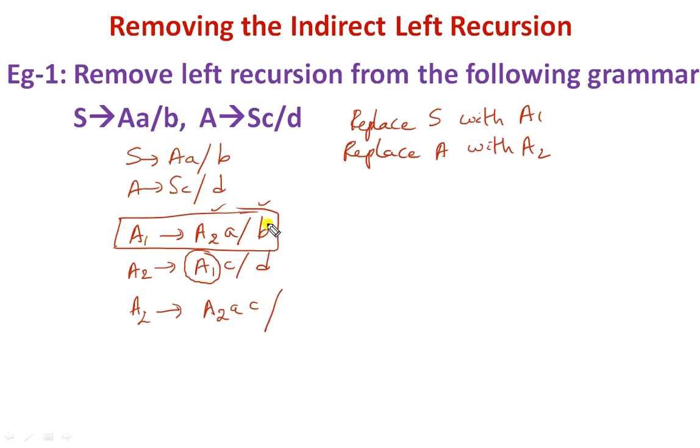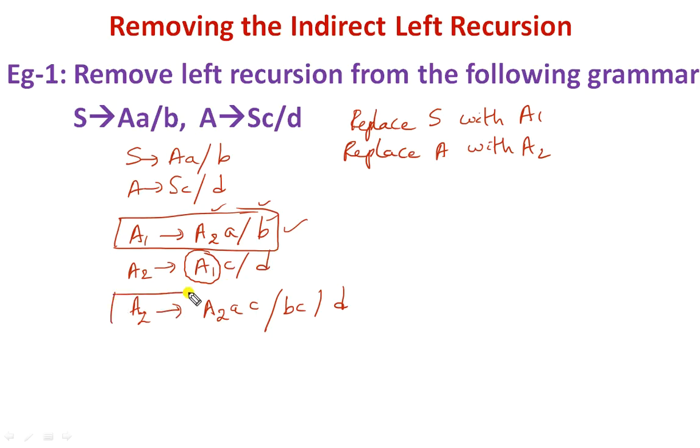If I replace A1 with B, then I get BC, or already D is there, D. So this is the new production rule we got. As far as A1 generates A2A or B, there is no left recursion here.